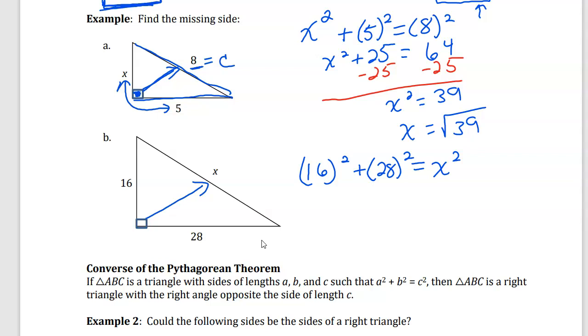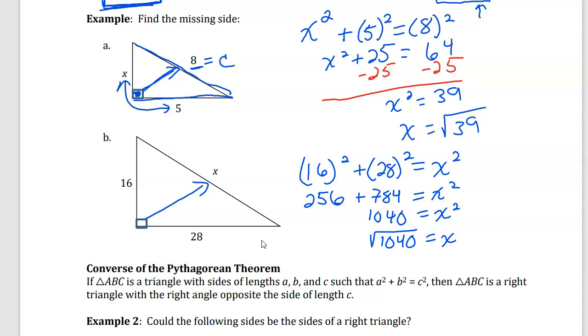So 16 squared is 256. 28 squared is 784. That's equal to x squared. 256 plus 784 is 1040, which is equal to x squared. I take the square root of both sides. I get the square root of 1040 is equal to x.